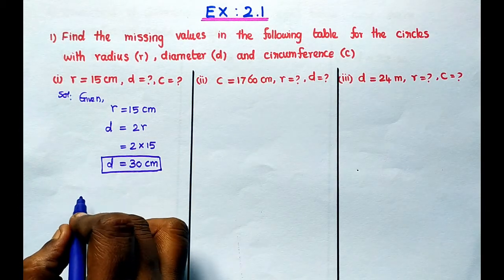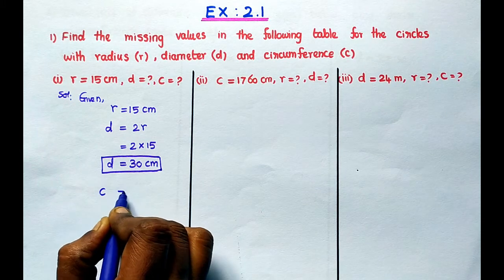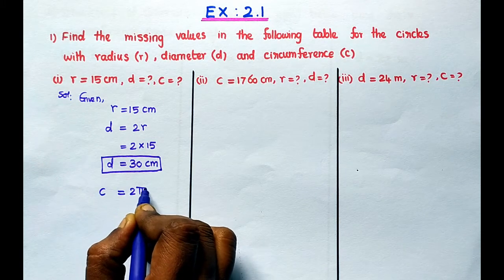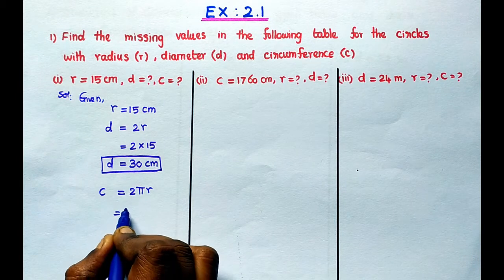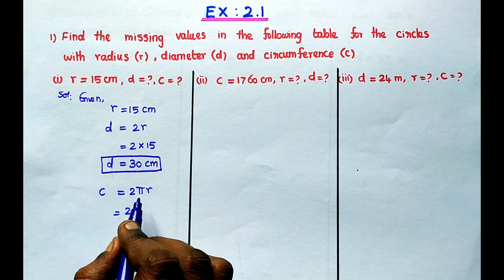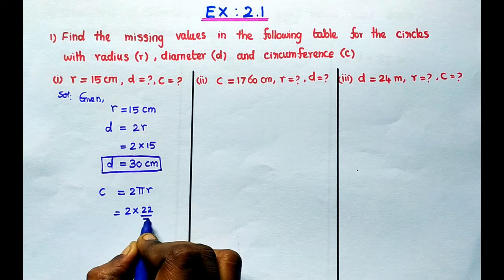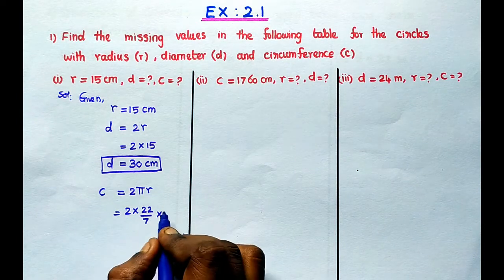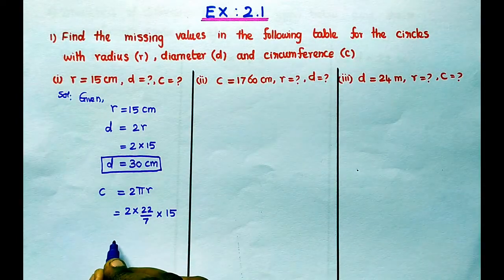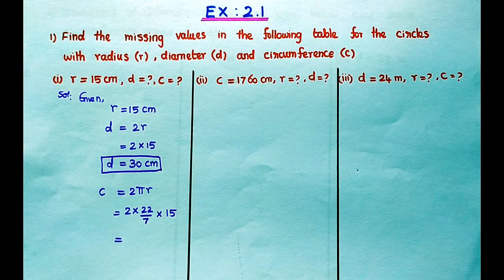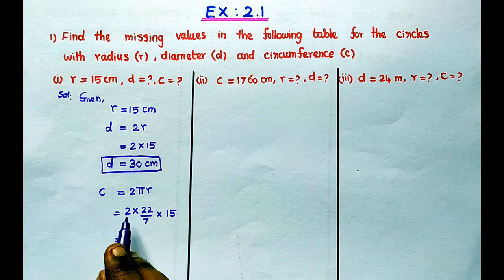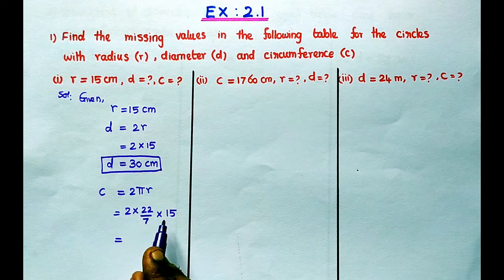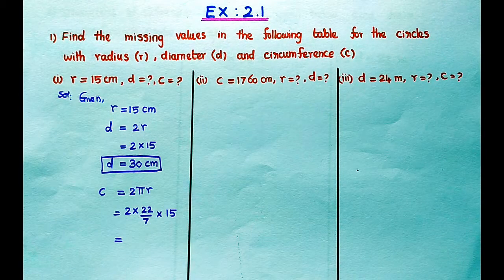Next one, circumference. C equal to 2 pi r. 2 into the value of pi, 22 by 7, into 15. Now multiply the numbers: 2 into 22 is 44, 44 into 15.